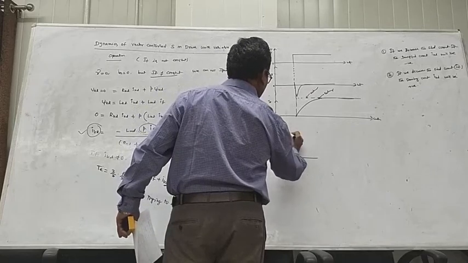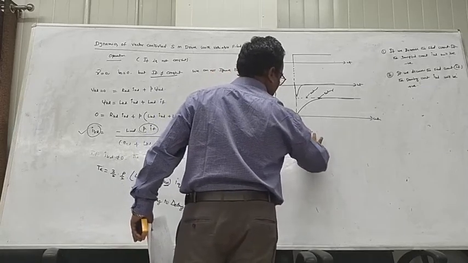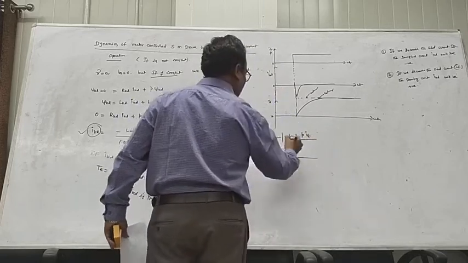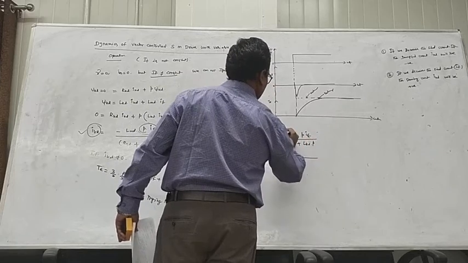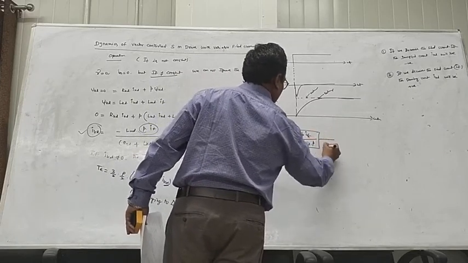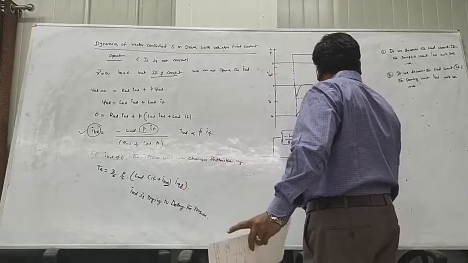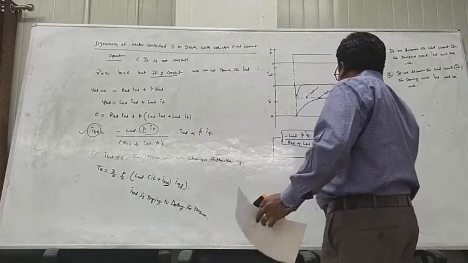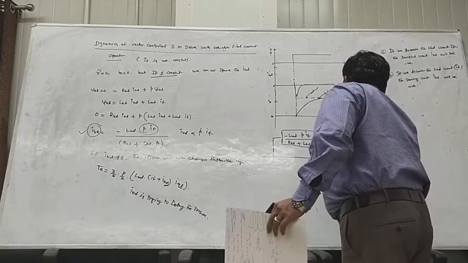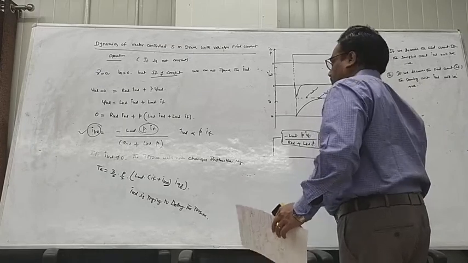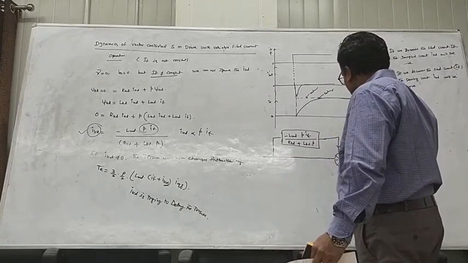The IKD term is minus LMD into P into IF divided by RKD plus LKD into P. This goes to a summing device, so this is IKD, and the field current here.